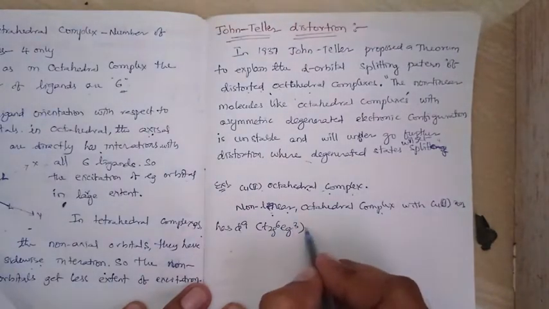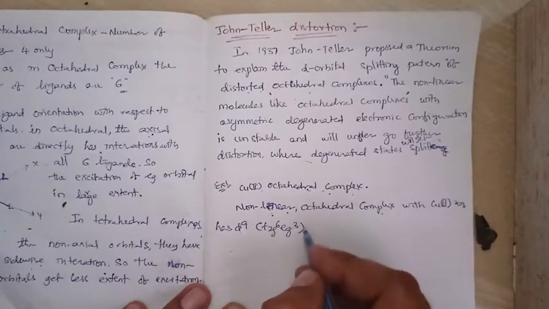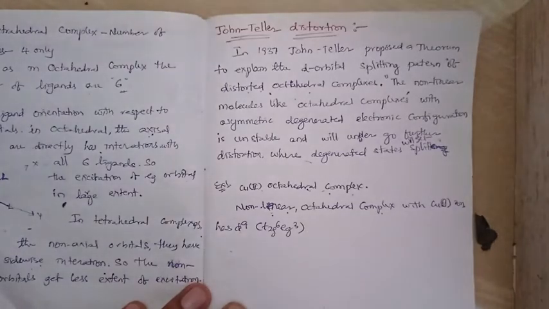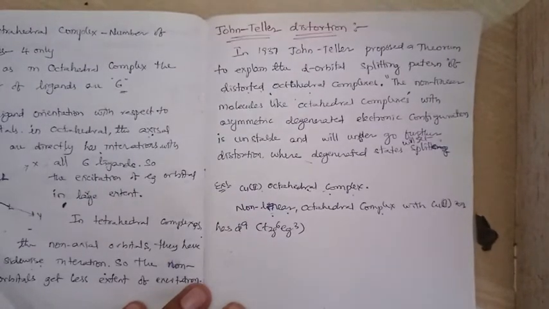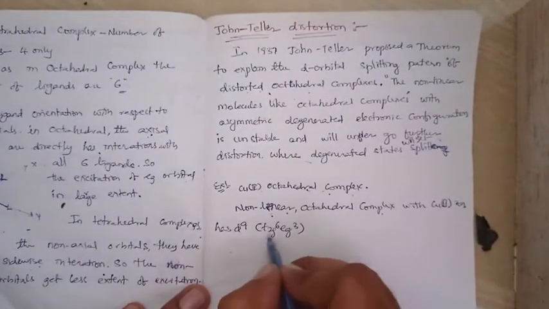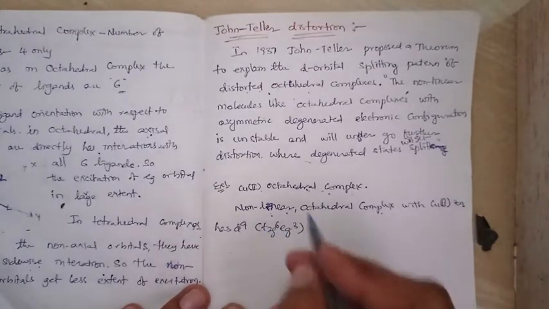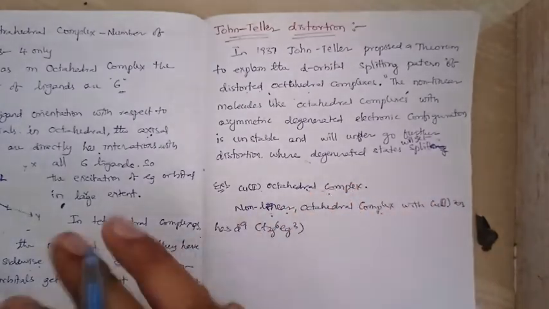The t2g6 configuration will be symmetrical, with all three orbitals of t2g having two electrons each, so it is said to be symmetrical.